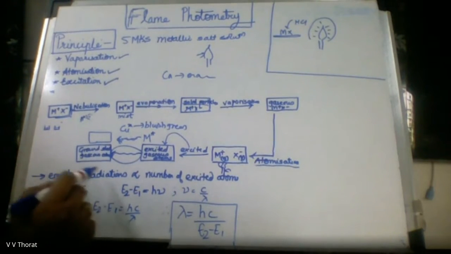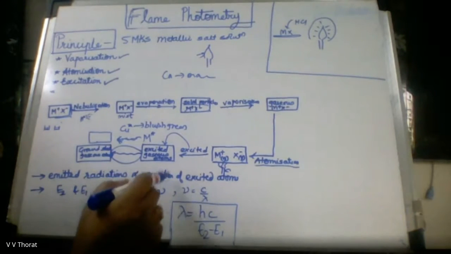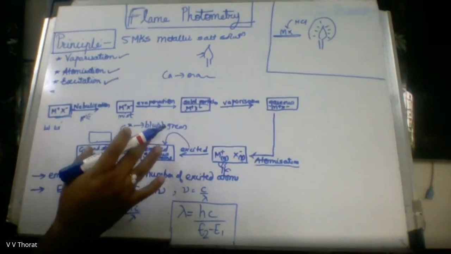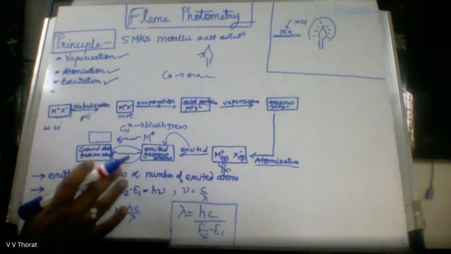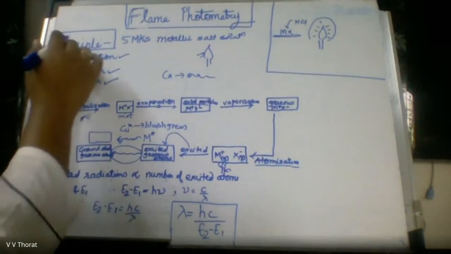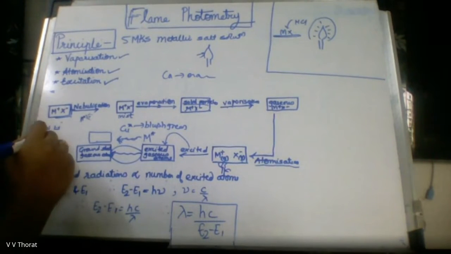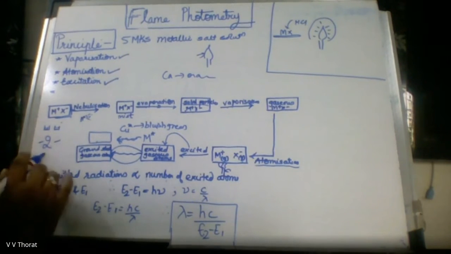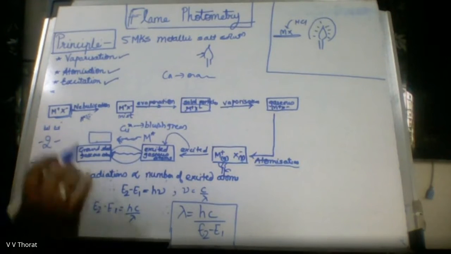So emitted radiation is proportional to number of excited atoms. Meaning if it is stronger, the number of excited atoms is more. So principle, if you write up to here, you will get 2 marks. Mumbai University, 100% students will attempt up to here, 2 marks.